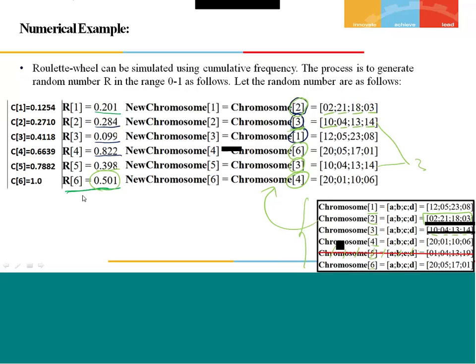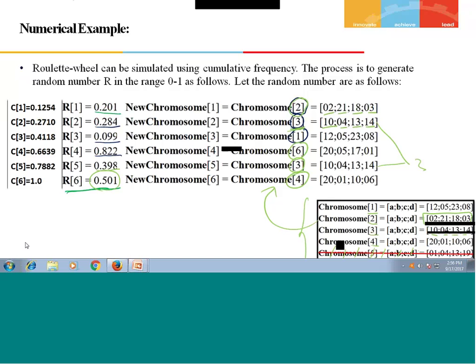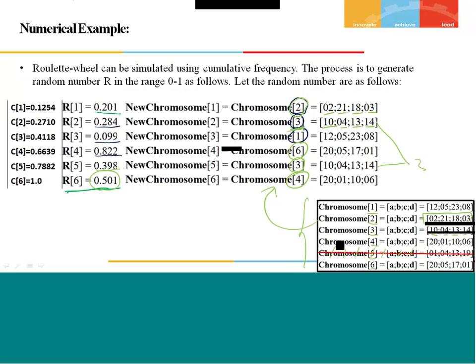In this process, according to the distribution, we had these 6 chromosomes at first, randomly, right? Now according to some mathematics and probability distribution, we selected some chromosomes by some process, and we got these chromosomes here. In this process, we lost chromosome 5.